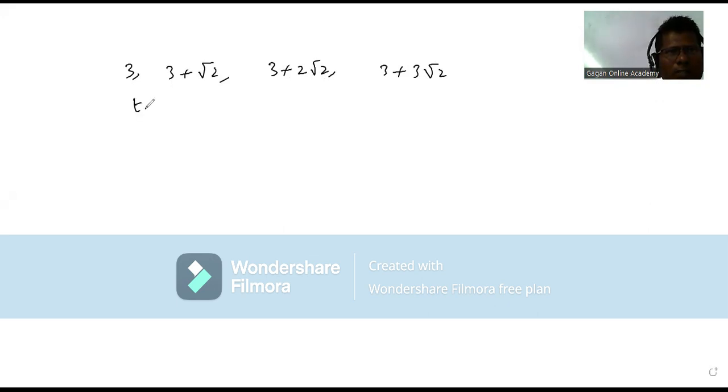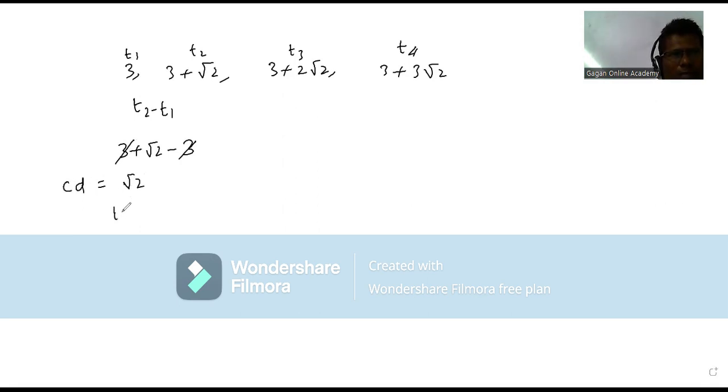Find T2 minus T1. This is term 1, term 2, term 3, term 4. T2 is 3 plus root 2 minus T1 which is 3. So 3 minus 3 gets cancelled, we are left with root 2. This is the common difference, root 2.